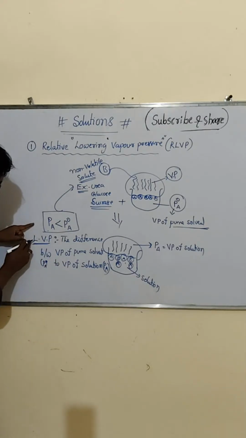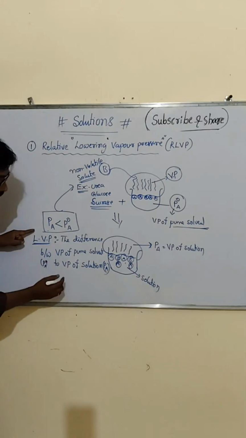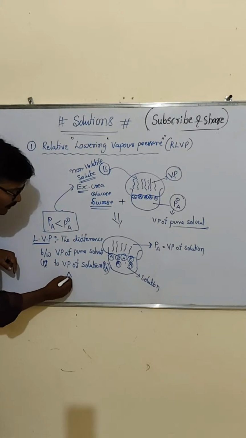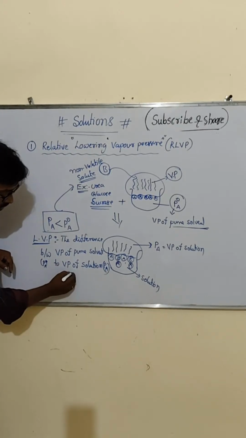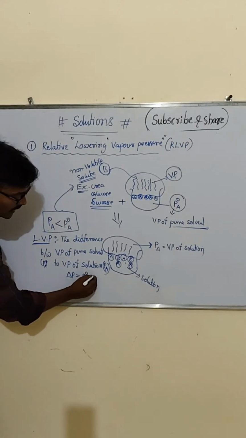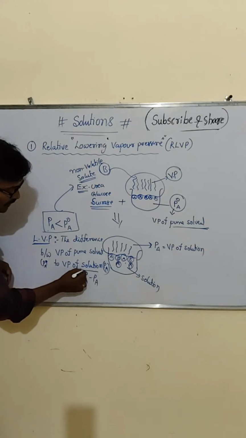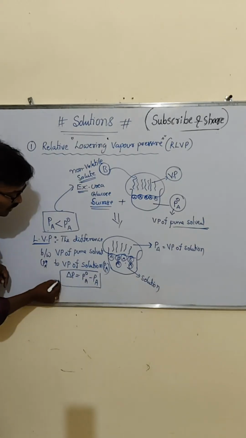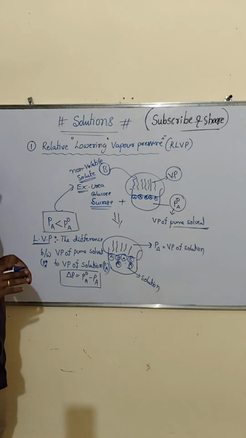This lowering of vapor pressure can be represented as delta P, which equals P naught A minus PA. P naught A minus PA we call lowering of vapor pressure.